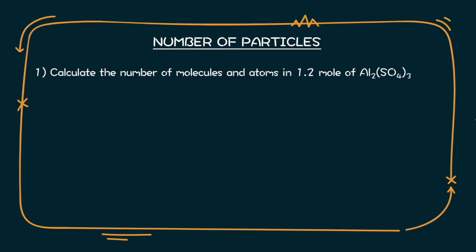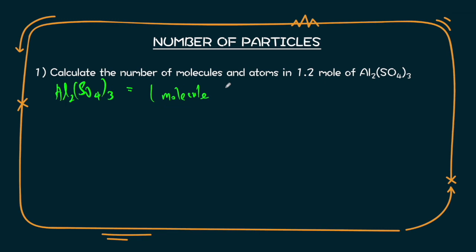Okay, so now to the second example. At here, we have 1.2 mole of Al2(SO4)3. You may pause this video and give it a try before proceeding, using the same method, yeah? Okay, we know that this compound is 1 molecule.